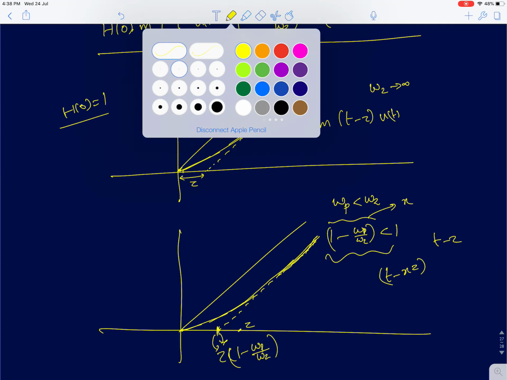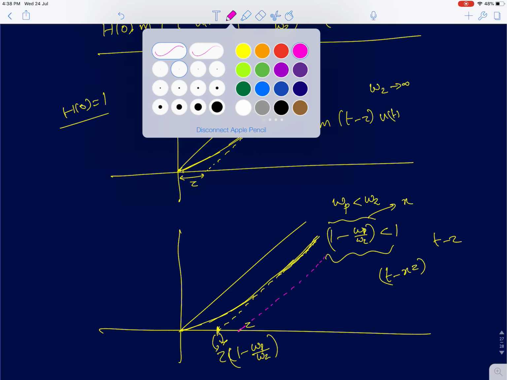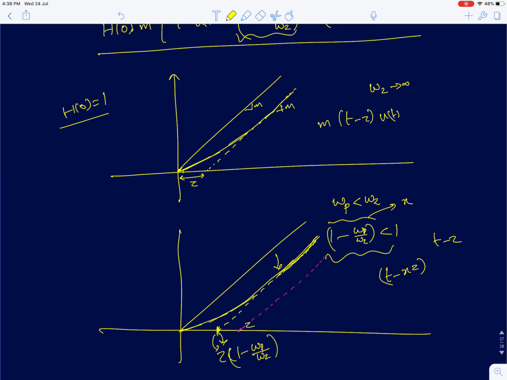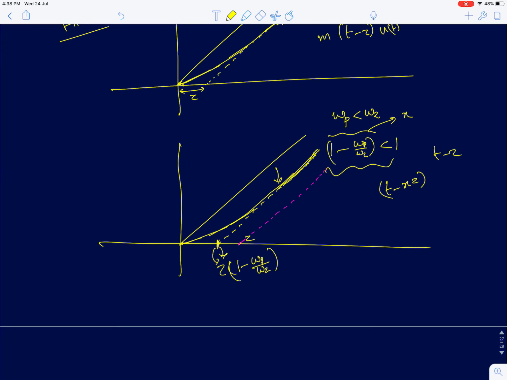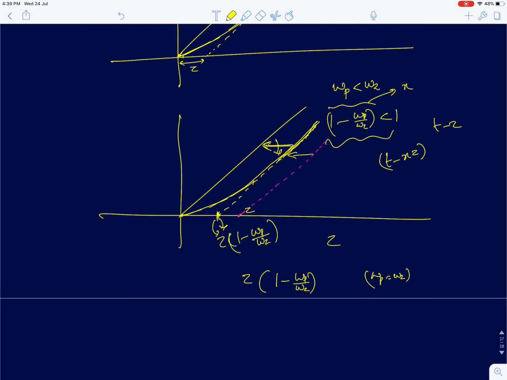A purely first order system without a 0 would have taken a path like this, but with a 0 the system has taken this path. Now you can intuitively see that in the steady state the delay is reducing. Initially the delay was tau seconds, now the delay is tau into 1 minus omega p by omega z. Now when omega p equals omega z exactly, both the functions perfectly overlap.